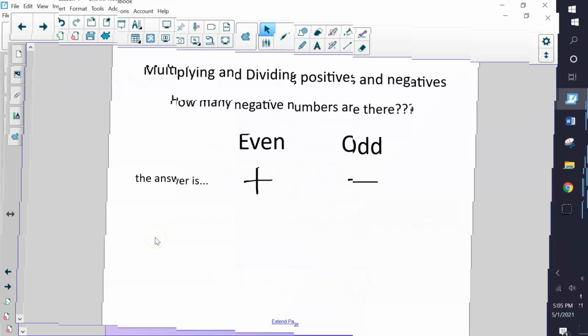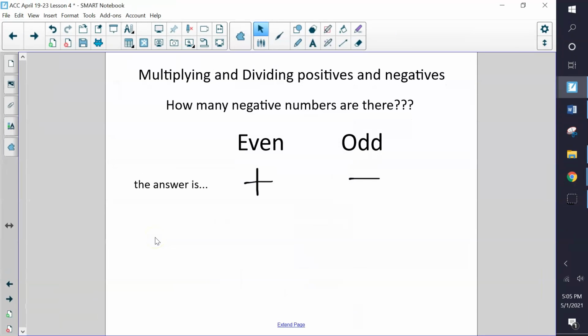Multiplying and dividing have the same rules whenever we are dealing with positive and negative numbers. All we have to do is count up how many negative numbers there are that we're multiplying or dividing. If there's an even number of negative numbers, for example 2 negative numbers that we're multiplying together or 4 negative numbers, then our answer is going to be positive.